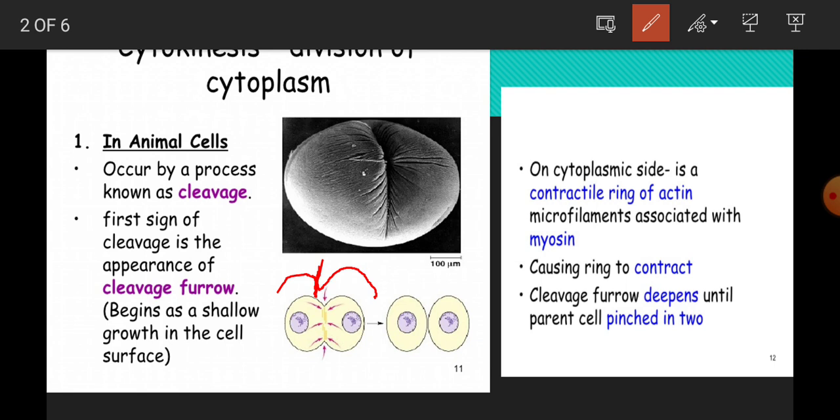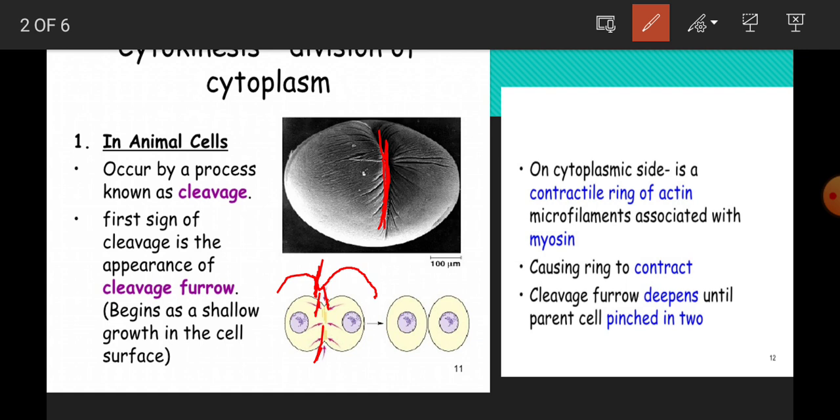So this is the furrow, this is the furrow. The furrow arises from both sides, and this is a three-dimensional electron microscopic picture where you can understand how the furrow arises. And after that, on the cytoplasmic side is a contractile ring of actin microfilaments associated with myosin.